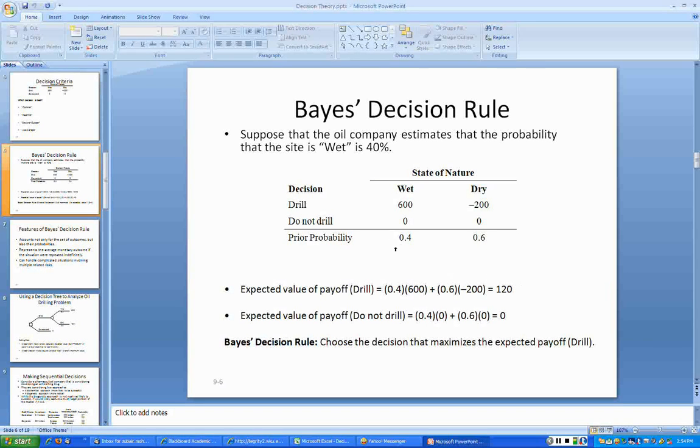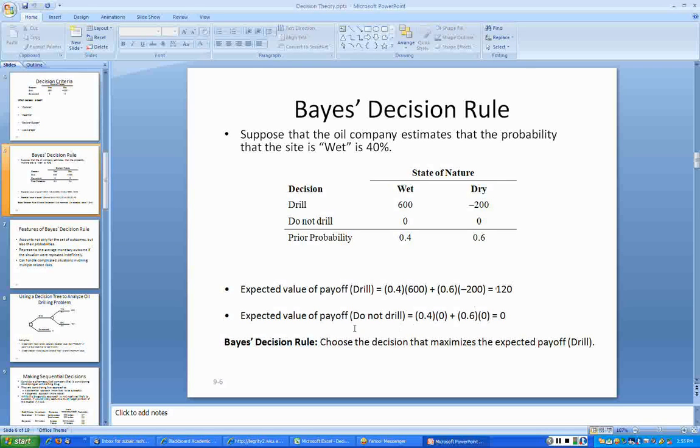What it basically says is, suppose you were to carry this experiment out 100 times, in about 40% of the cases you would have had oil. In that case you would have made $600,000. In about 60% of the cases, you would come out empty. In that case you would have lost $200,000. So the long run average is about $120,000 in profit.